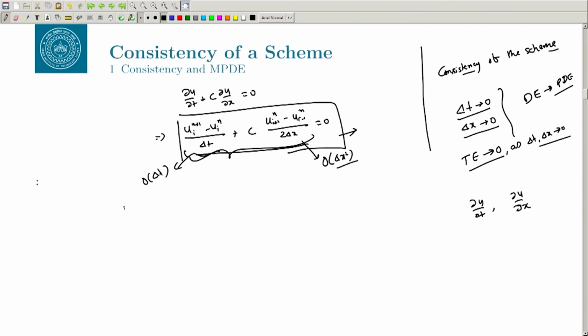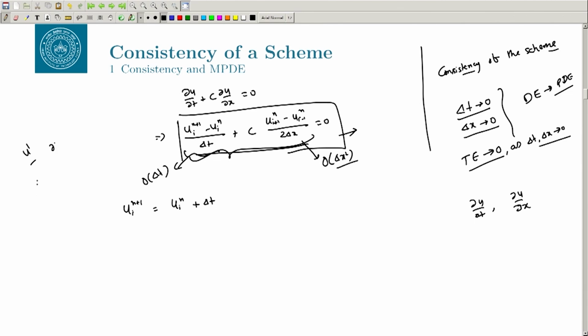So, this u_i^(n+1) will become u_i^n, okay, and plus delta t. So, now you see when you are writing this Taylor series, earlier we have used u prime and so on and so forth, but now we have derivative with respect to time also and with respect to space also.